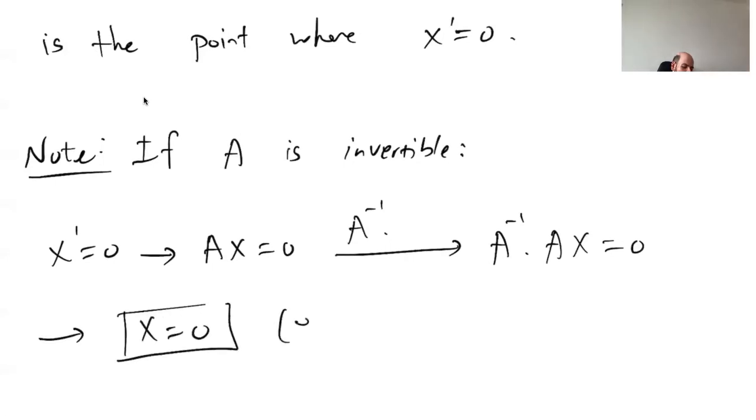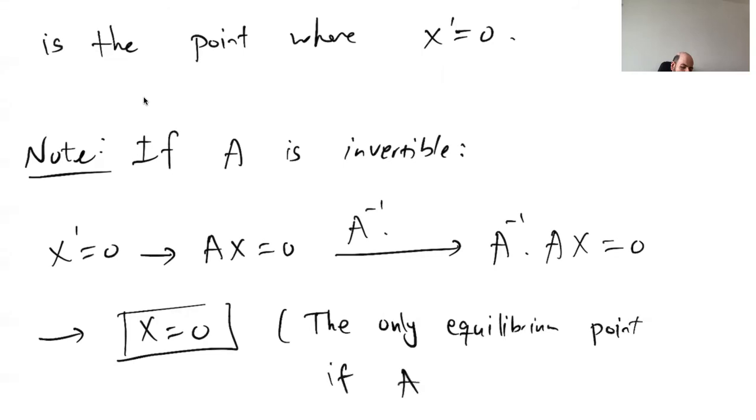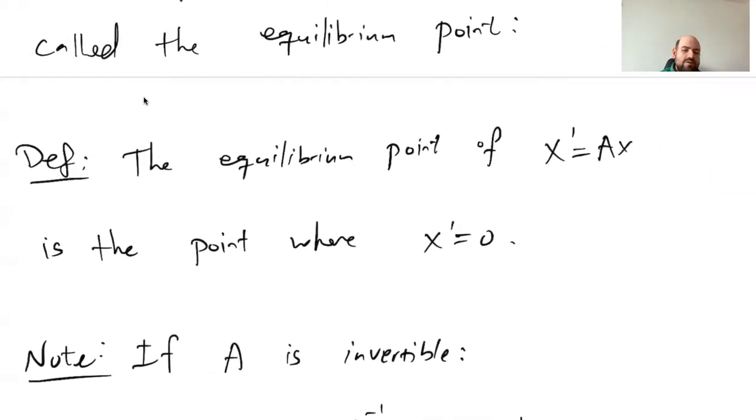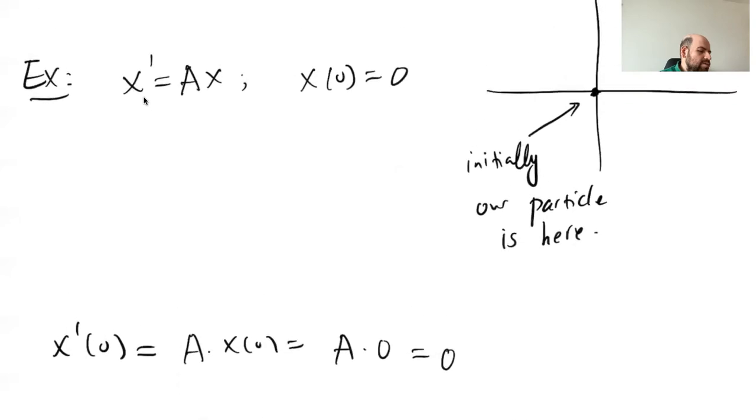So this is the only, the unique equilibrium point if A is invertible. So if A is invertible, our system will have only one equilibrium point, and if you locate the particle there, it will stay there.